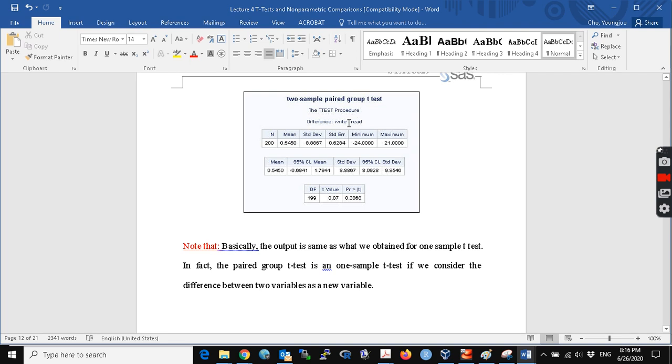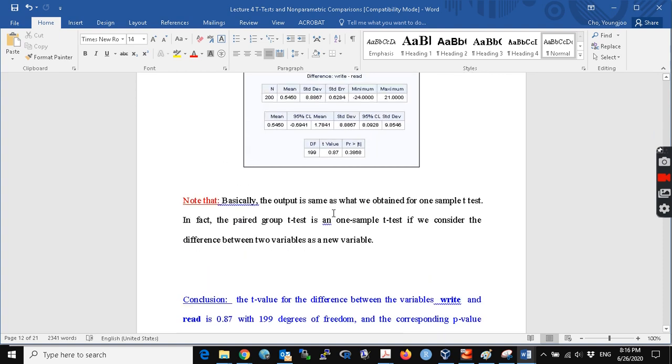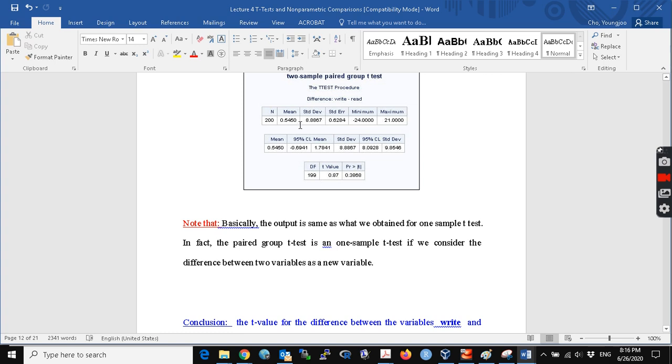We take the difference of write and read. Basically, we treat write minus read as one variable, and then we apply the one-sample t-test on this difference. You can see that the mean difference is 0.54, the standard error is 0.63, and you get the 95% confidence limit of the mean.